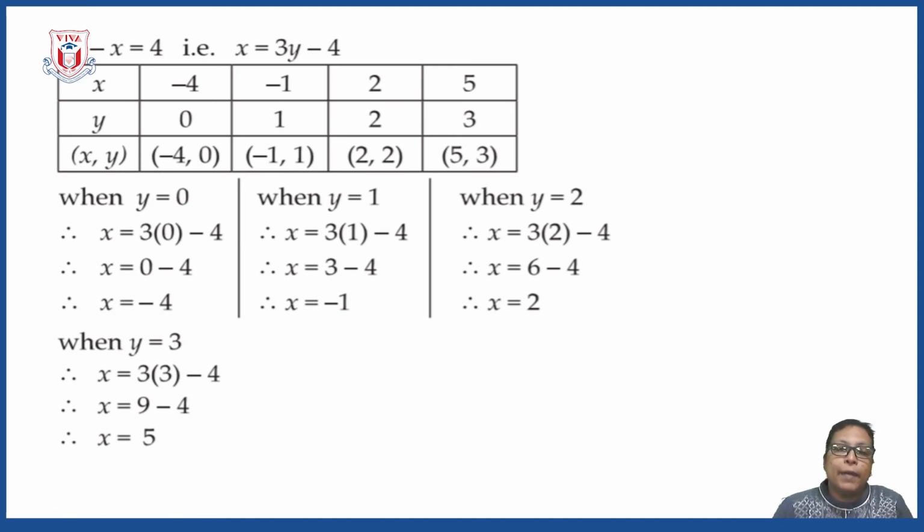So the second pair is ready, minus 1 and 1. Then take y is equal to 2, solve it, you will get x is equal to 2. So we got the third pair. And finally take y is equal to 3 and solve it, you will get x as 5. So in this way we got all the 4 points, coordinates of all the 4 points.